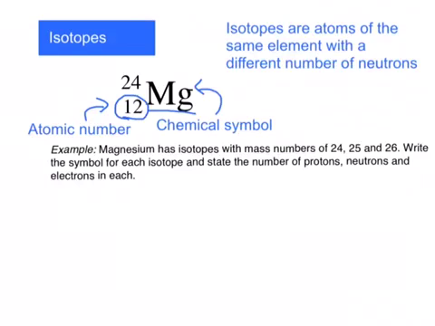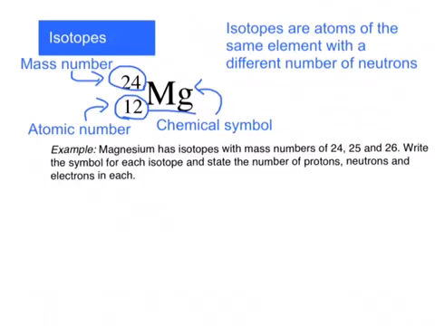But on the symbol, it needs to be written on the bottom left. Okay, and then the number up here, the 24, that represents the mass number, which would be the protons plus the neutrons. So if you do the top number minus the bottom number, that tells you how many neutrons are in that particular isotope of that element.